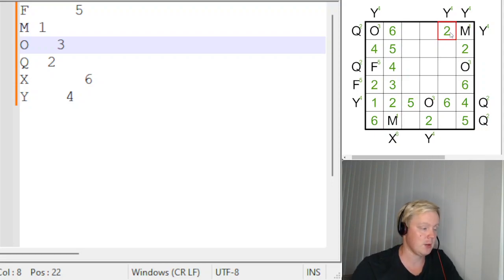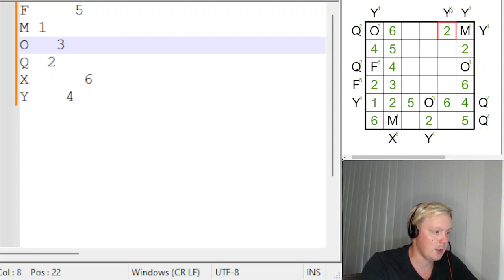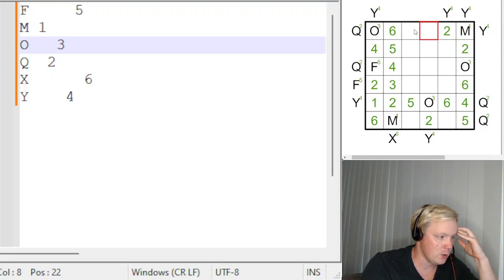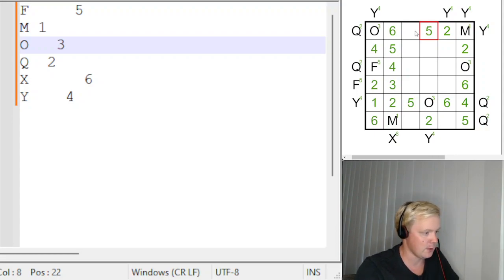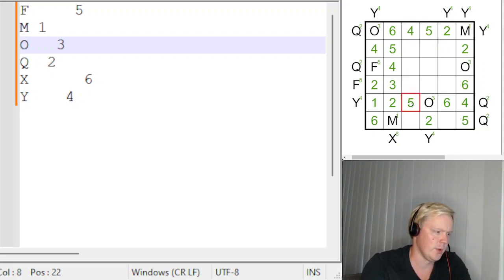Can't be 4, 5, 6, because it would prevent this from being 4. And it can't be 1 and 3. So it has to be a 2. Now then, we know whether these are in order or not, because if they were in order, this would see 1, 2, 3, 4, 5. It already sees this. It already sees this. So it can only see one of these. So the bigger one has to be in front. So that means this is 5 and this is 4. Also, we knew this was 5 anyway because it's in the column. 5 is in the column already.